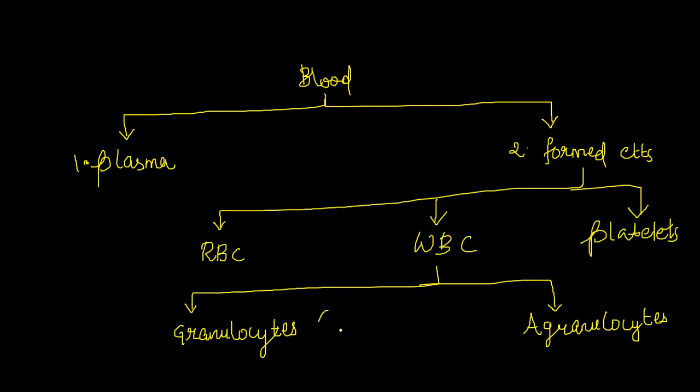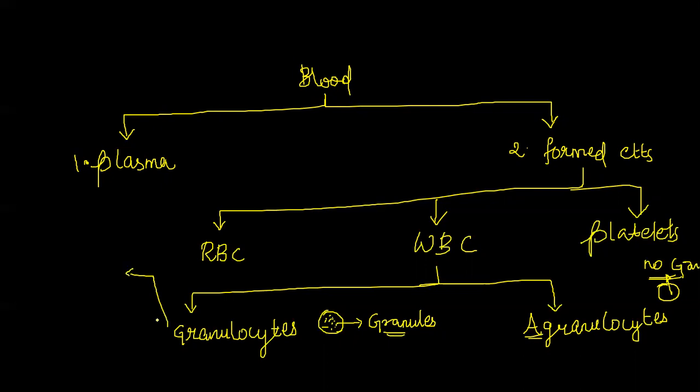Granulocytes means inside the cytoplasm of such WBC, you will have the presence of certain granules. Agranulocytes means inside their cytoplasm you will have no granules. They are known as the agranulocytes.